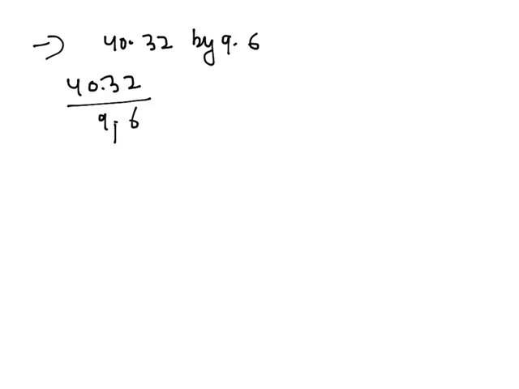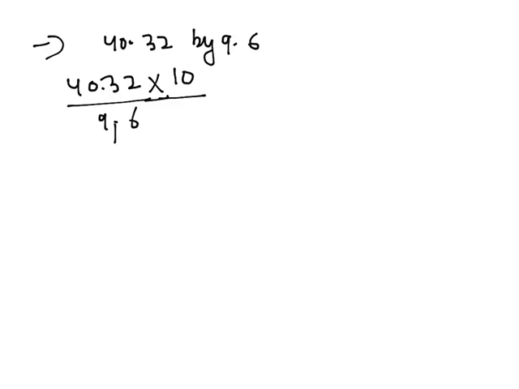Here we are dividing 40.32 by 9.6. So here first of all we will see where we will put the decimal point. So here we can write it as 40.32 divided by 9.6. Again, to remove this decimal point, here we have one digit, so we will multiply by 10.